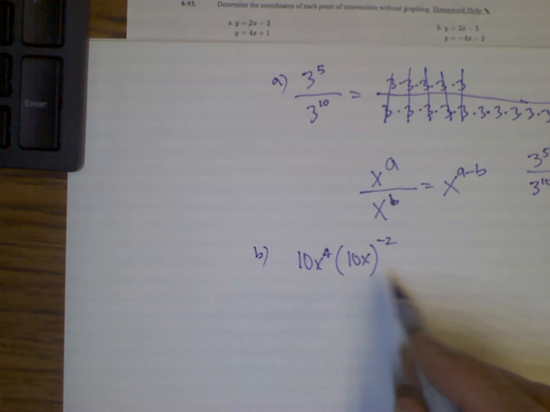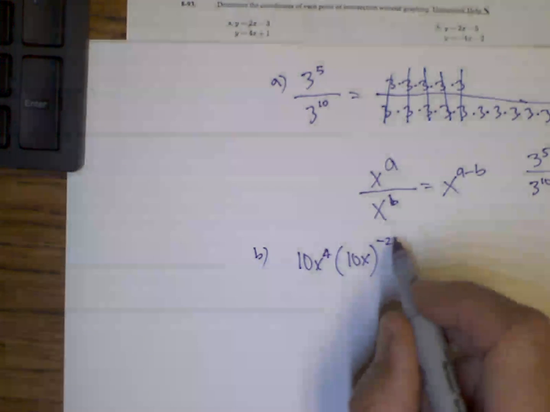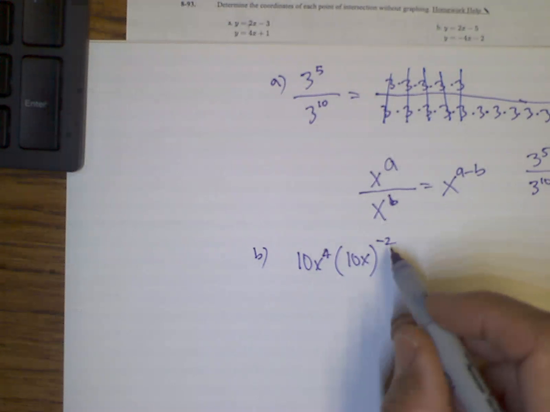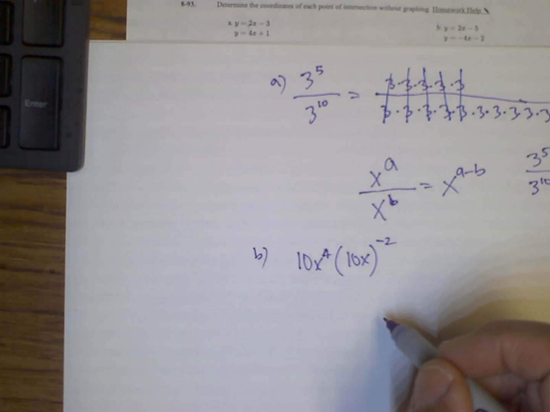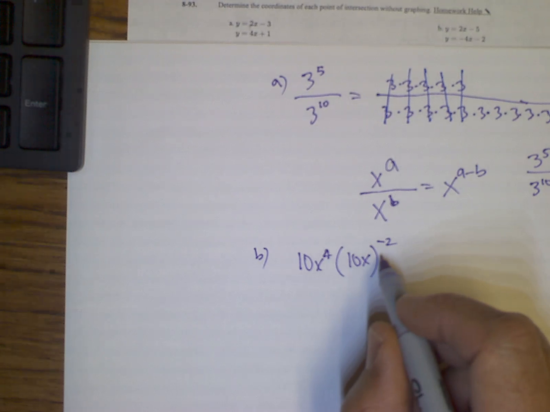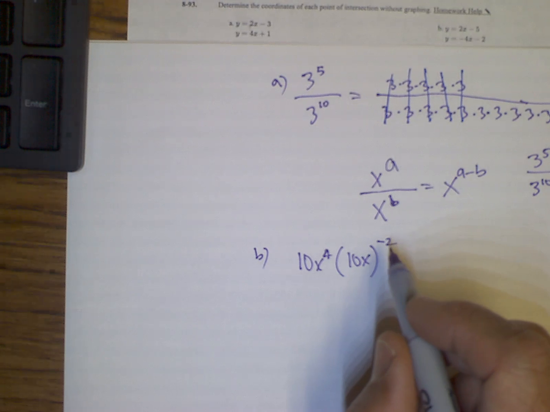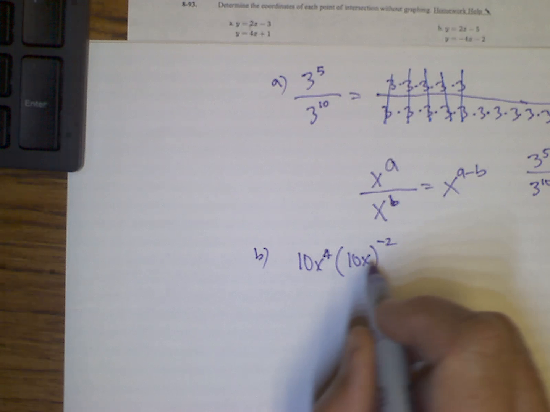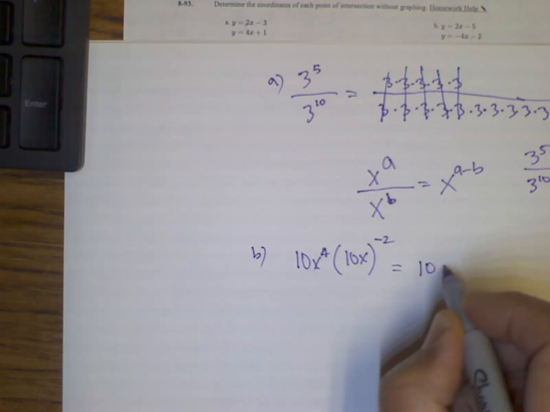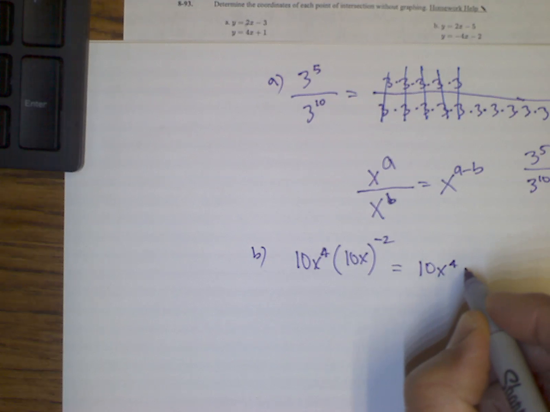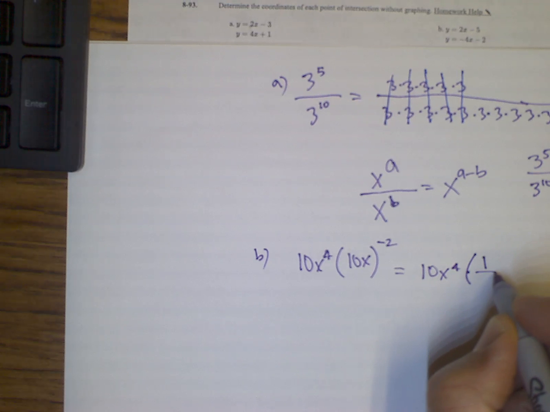I could go about this a couple ways. What I like to do is take my negative exponents, if possible, and make them positive first. Negative exponents create reciprocals, so I can rewrite this as 10x to the 4th times 1 over 10x, all to the second.